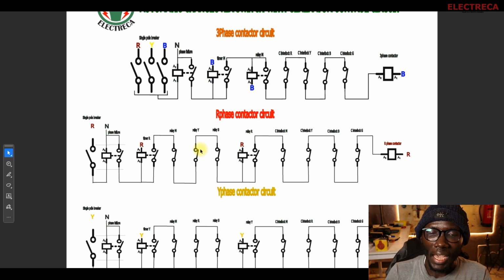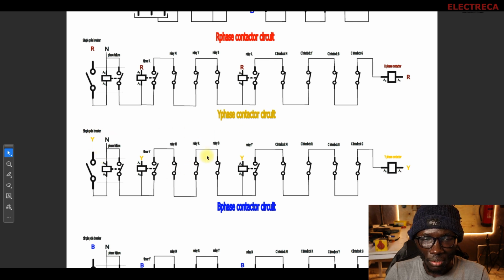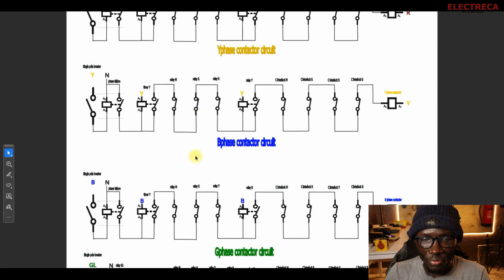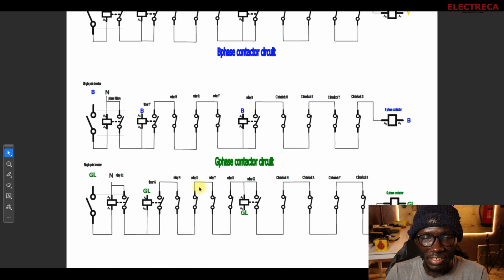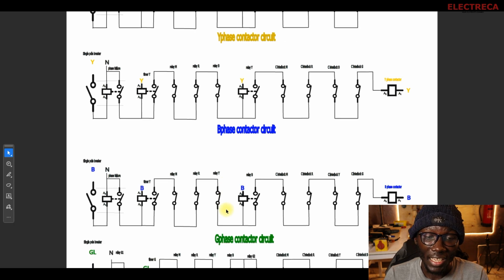Now here, if you look at R, this is R, and right here we have contact relay R. If we check on the yellow, we have relay R, and if we check on blue, relay R, and then the generator, we have relay R. So those are normal interlocks.